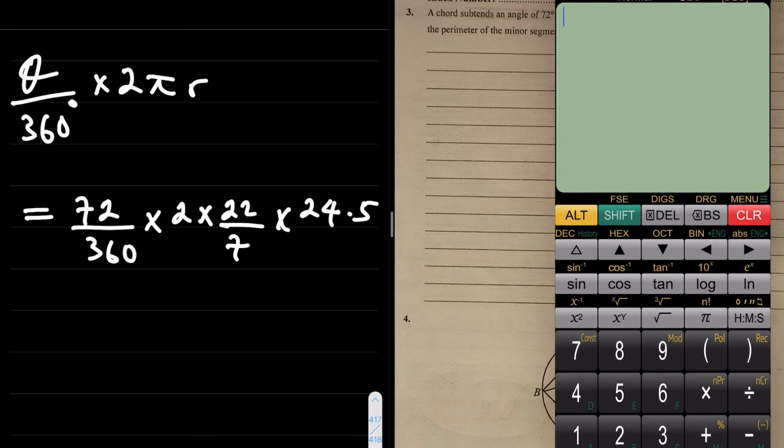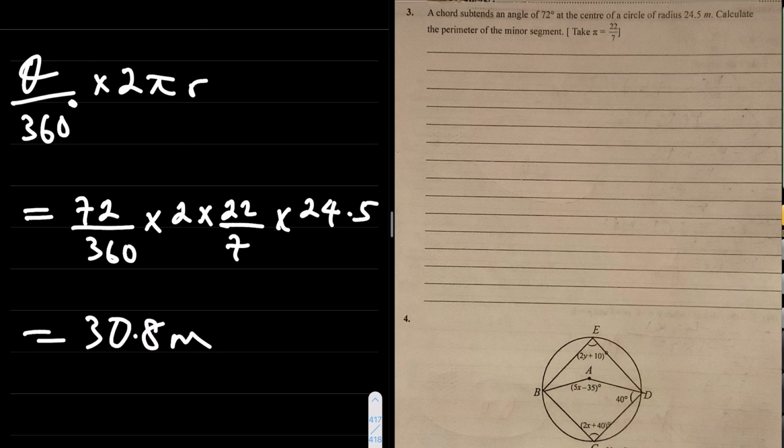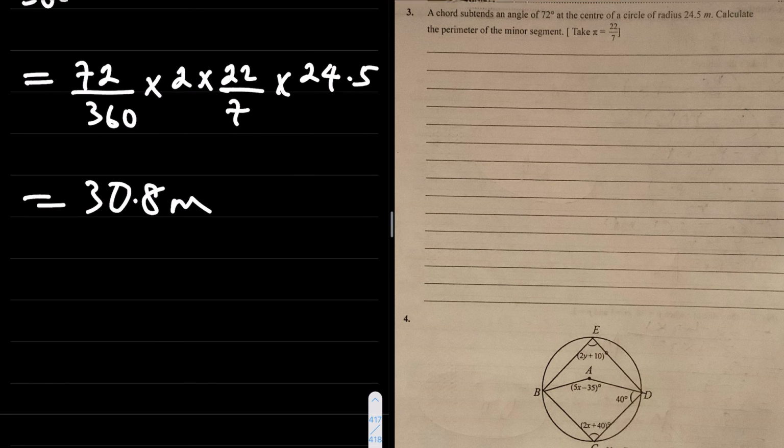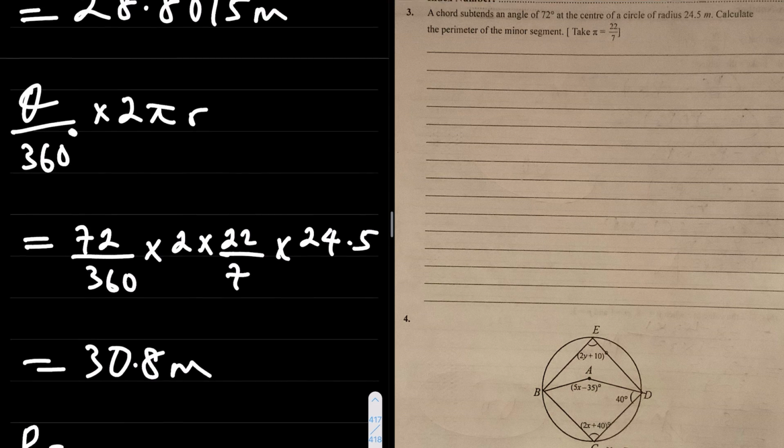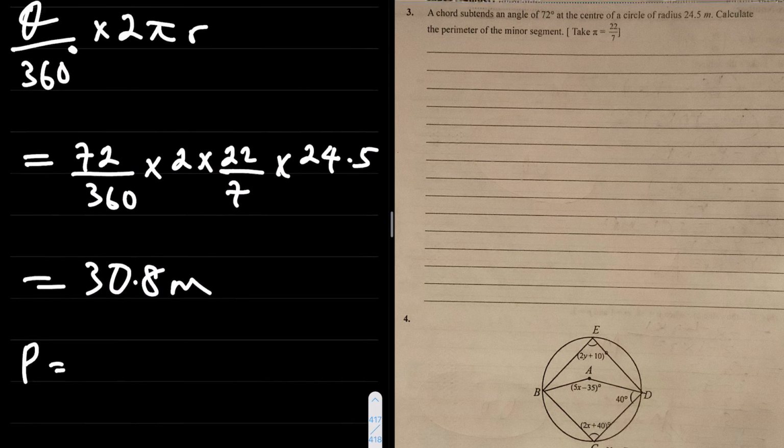Now let's do that quickly. 72 times 2 times 22 times 24.5 divided by 360 divided by 7, and that's 30.8 meters. So therefore, the perimeter of the minor segment, let me just call that P, will be equal to the length of the chord, which is 28.8015.